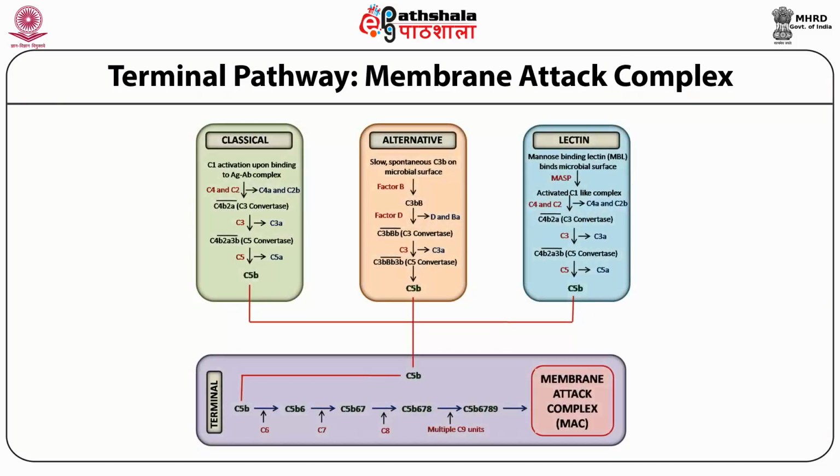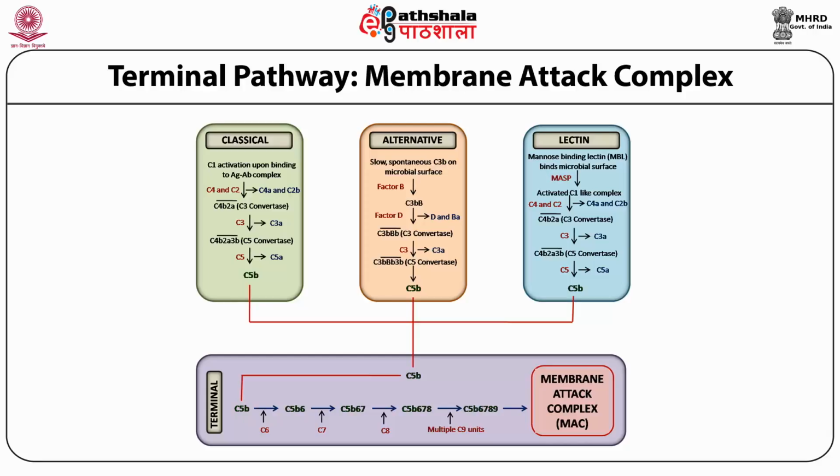C5 convertase, upon activation in all three pathways, cleaves C5 into C5a and C5b. C5a diffuses away, whereas C5b binds to the target surface. C5b, being very labile, is stabilized by C6. Upon binding of C7, the C5b6-7 complex undergoes a hydrophilic to amphiphilic structural transition, exposing hydrophobic regions that serve as binding sites for membrane phospholipids.